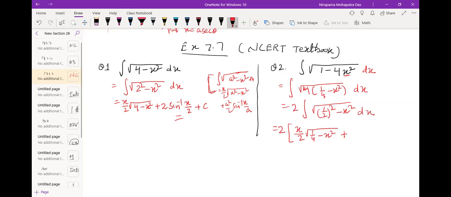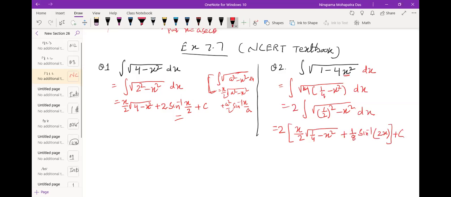A square is 1 by 4, so a square by 2 means 1 by 8, into sine inverse x by a. So x by 1 by 2 means you will be getting 2x, plus constant of integration.